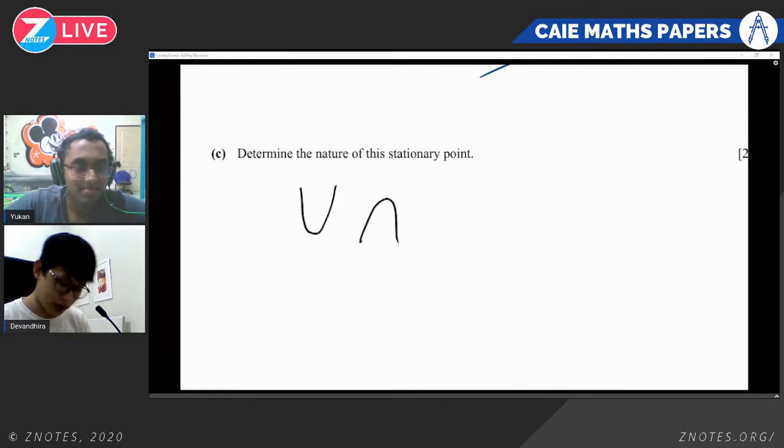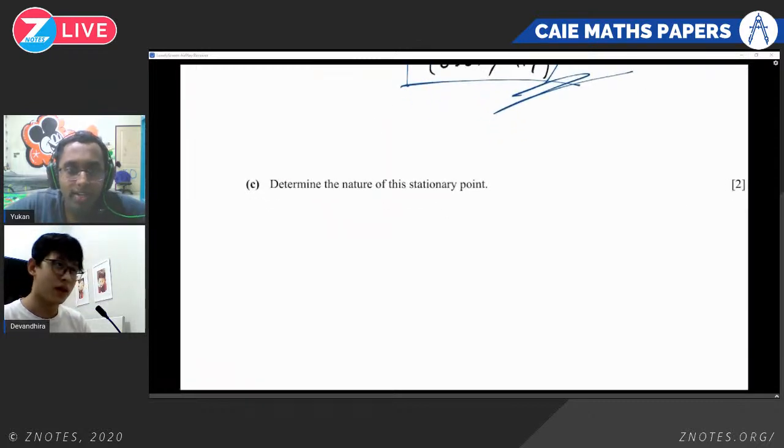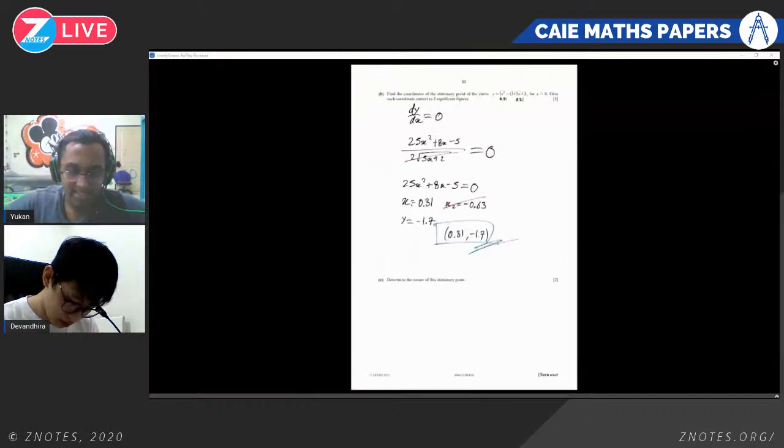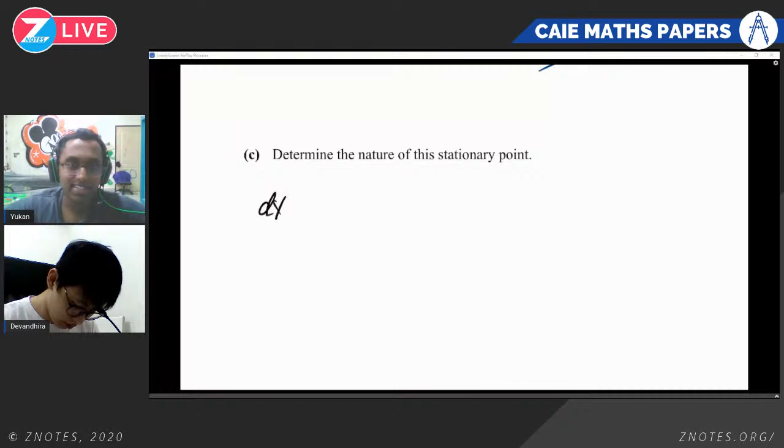Yeah. All right, so how can we find this? One way is using the sign test, which is just the easiest way. You know your stationary point is at x equals 0.31, so you can take a value slightly less and slightly more to see what your dy/dx would equal.